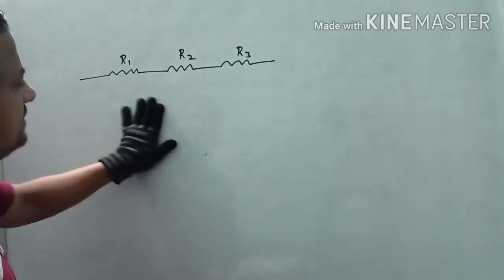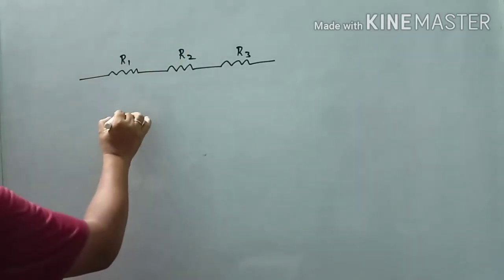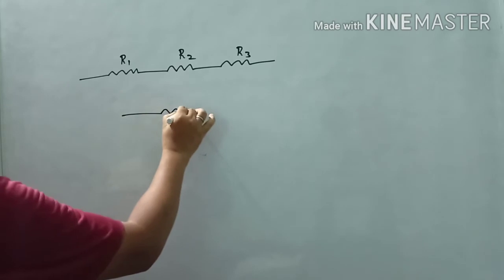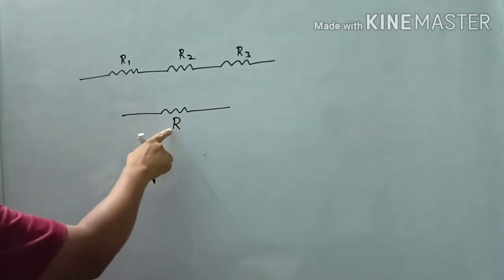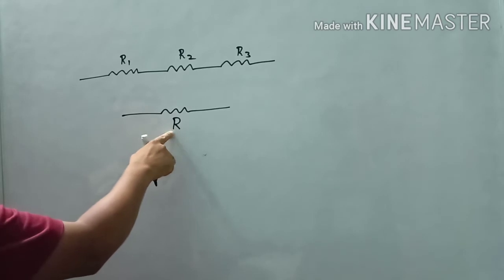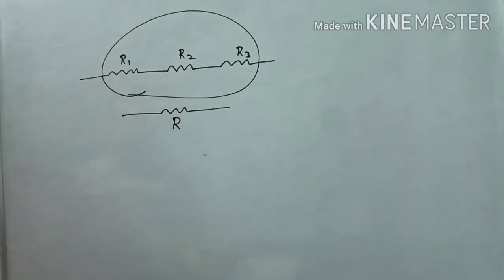So what happens? For these three resistors, you can place one resistor, that is R, and this R is known as equivalent resistance or effective resistance or net resistance of R1, R2 and R3.